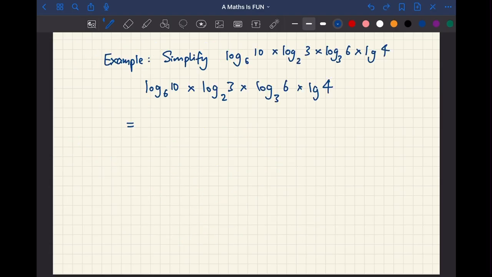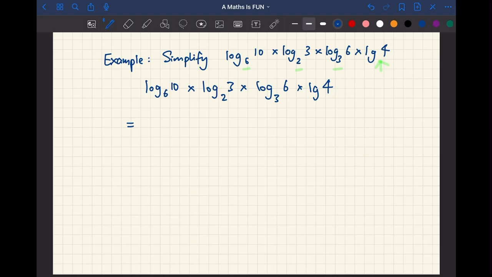So in the last example here, if I were to simplify log 10 base 6 times log 3 base 2 times log 6 base 3 times log 4 base 10, which I will just call log 4, then I first need to notice that all of them have different bases, right? And the last one is actually base 10. So that gives me a clue that I probably will need to use the change of base law and convert them all to the same base.